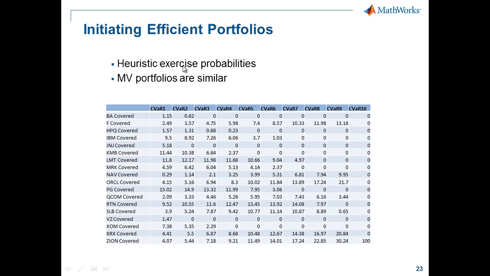I'm using the heuristic exercise probabilities that were in the scenario generation engine, and it turns out that they're almost always the same. All the portfolios pretty much have the same type of look to them, and in fact the mean variance portfolios are very similar too, except at the bottom. The main feature here is that it always comes up with covered portfolios, and there are different degrees of diversification depending on which end of the efficient frontier you're at.